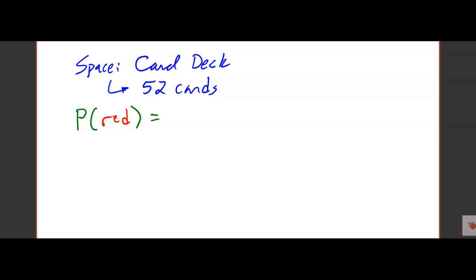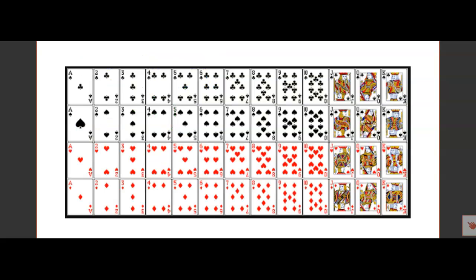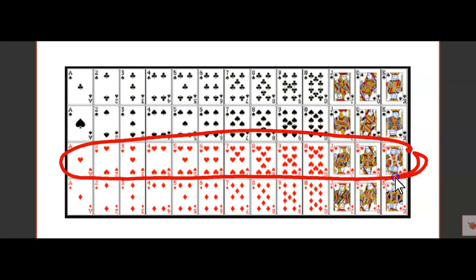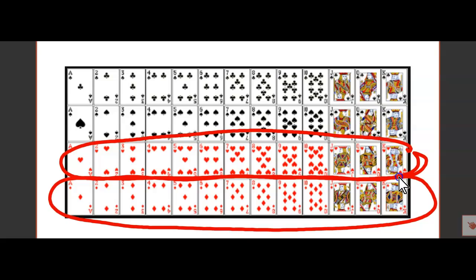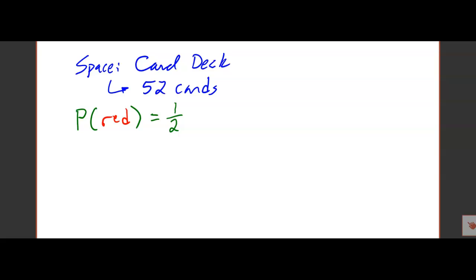So that is 1/2. If I count the cards, I've got 13 hearts and 13 diamonds. So I have 26 cards out of 52 cards, which is also 1/2, all right? So whether I count the cards or look at the set, the probability is the same, and that is a 50% probability, okay?